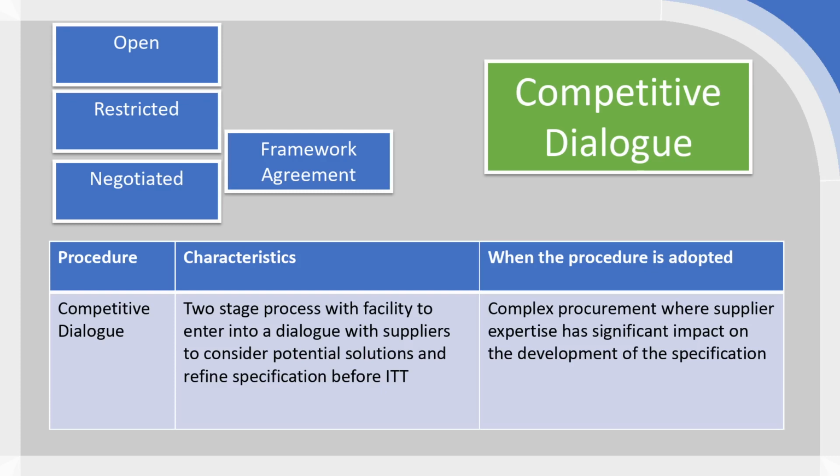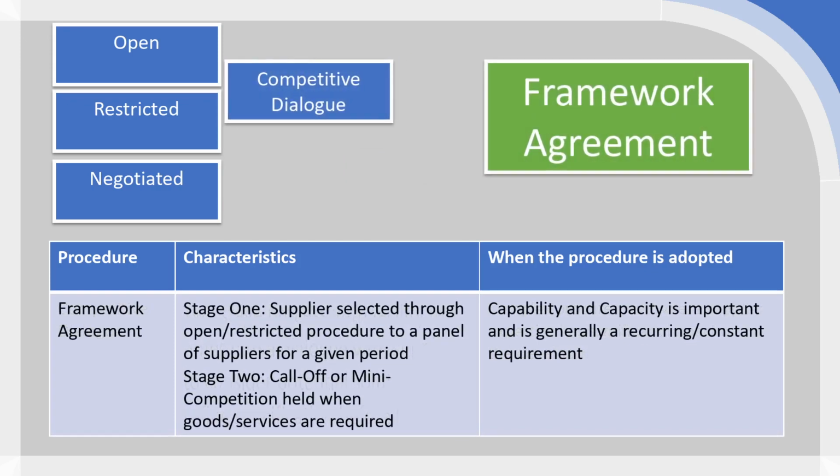Our fifth and last supplier selection type is a framework agreement, and this is particularly commonly used in public sector procurement because it really has multiple benefits. So it establishes a long-term relationship with not just a single supplier but a range of suppliers, and allows the procurer to have an accelerated time frame when it comes to procuring items or services without having to go through a full tendering process.